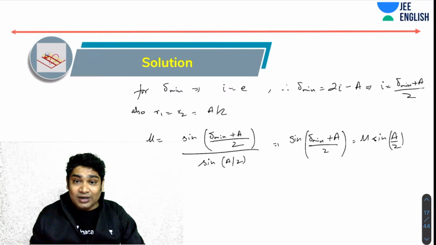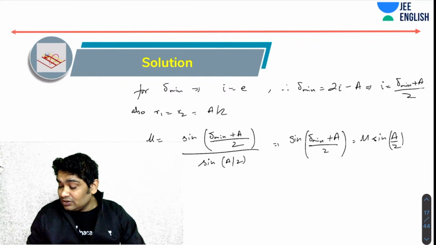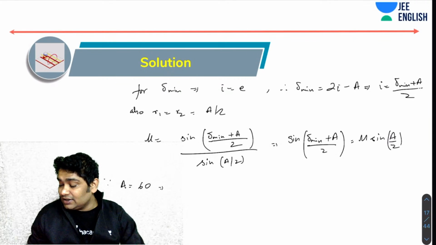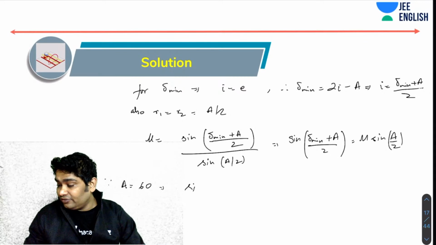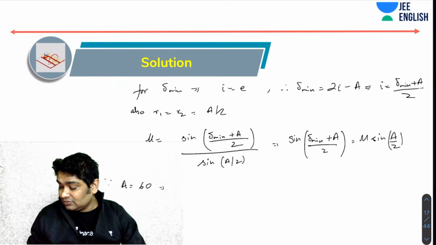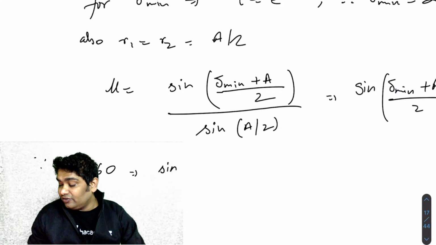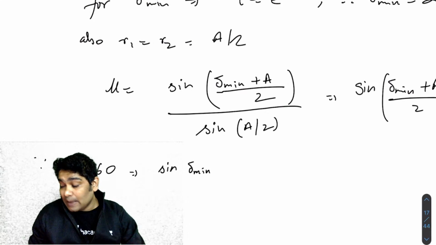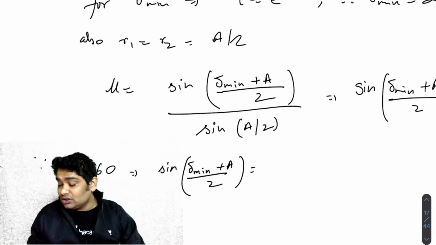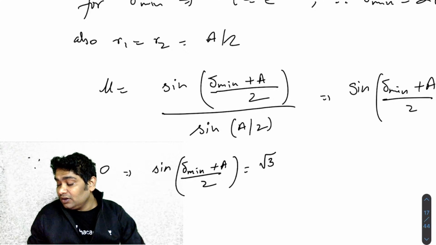Now, A I've been told is 60. So since A equals 60, what I realize is sine of delta min plus A over 2 equals root 3 into sine 30.